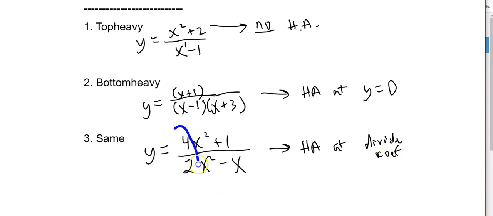So in this case, 4 divided by 2. So this one would have a horizontal asymptote at y equals 2. Whatever the lead coefficients are, you're dividing the lead coefficients there. I'm not worried about the coefficients of the other terms, but the very first term, the ones that match, have the same degree, x squared, 4 over 2. There's going to be a horizontal asymptote at y equals 2. Again, don't just say 2, it's y equals 2 if it's horizontal.